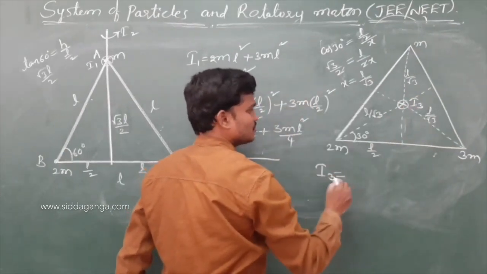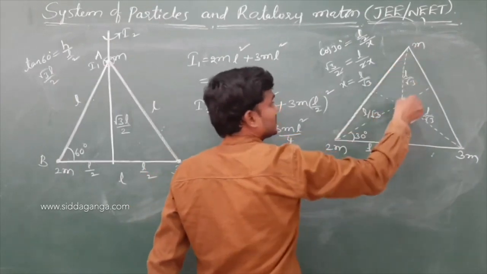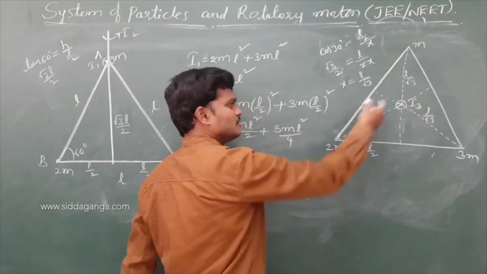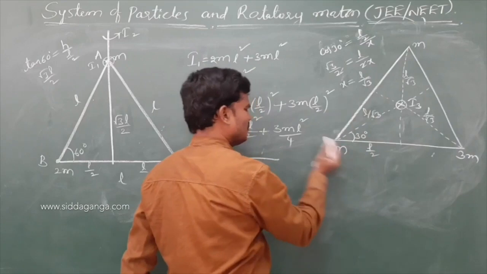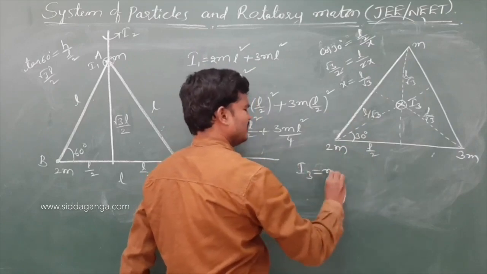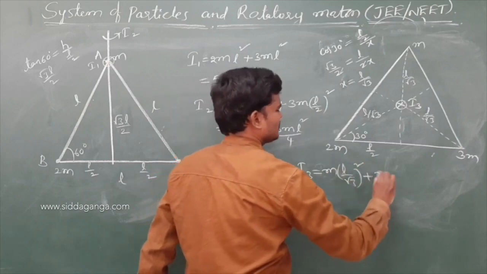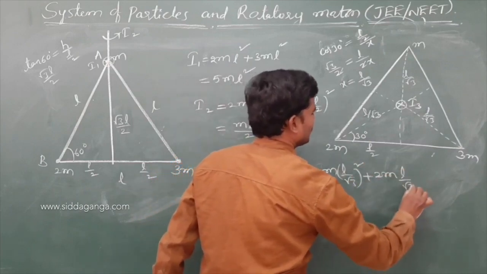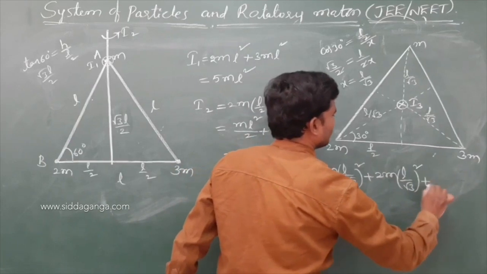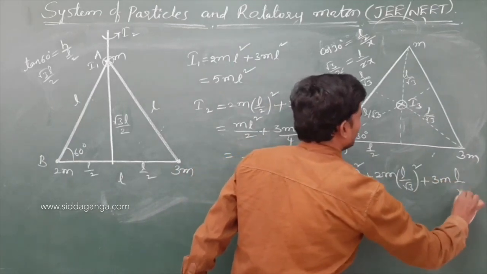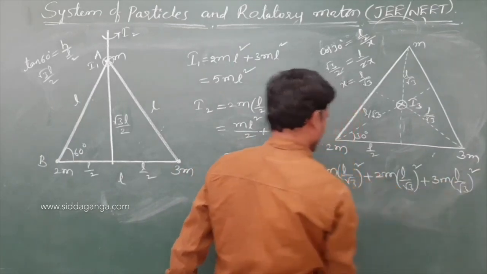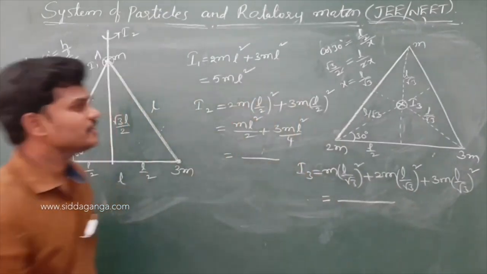I3 is equal to: the first mass is at a distance of L by root 3, the second also the same, the third also the same. So I3 equals m into L by root 3 square, plus 2m into L by root 3 square, plus 3m into L by root 3 square. So we will get some number.